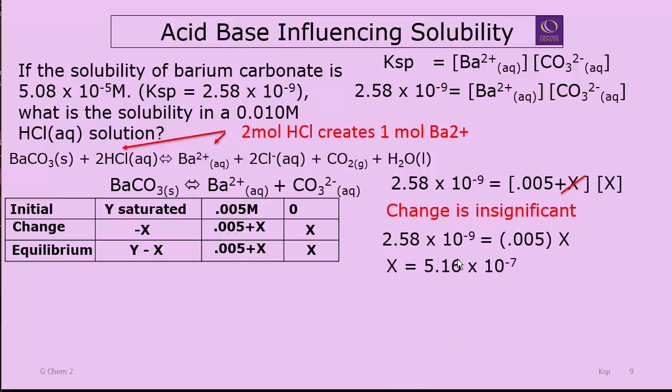Solve for X. And now I have that X is 5.16 times 10 to the minus 7. I always go back and see where is the X in here. Oh, that's actually the carbonate that I solved for. And just so long as the carbonate is 1-to-1 with the barium carbonate, I literally would have the answer, but that's not actually the solubility, because the truth of the matter is it's 0.005 plus X is how much barium really got dissolved, right?